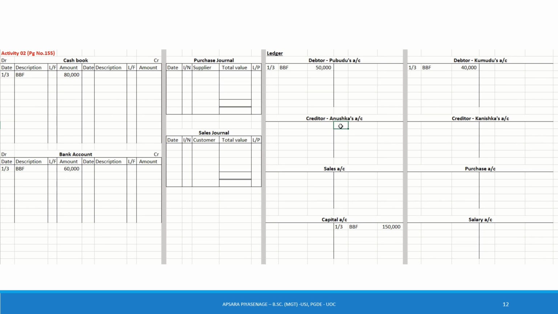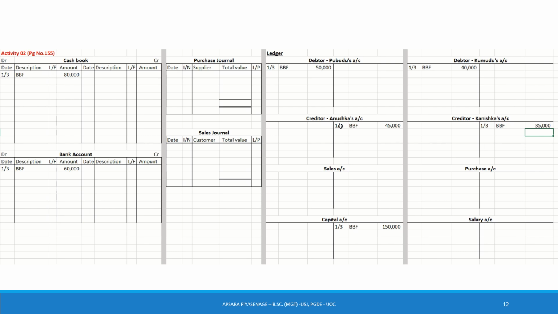Anushka has 45,000, BBF 45,000, and creditor Kanishka has 35,000 balance. So we have recorded all the opening balances. Then they have given details of credit purchases.